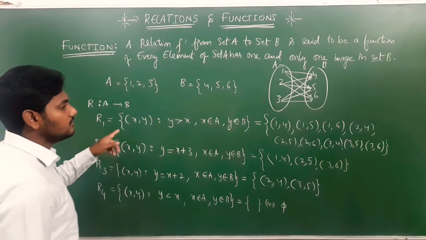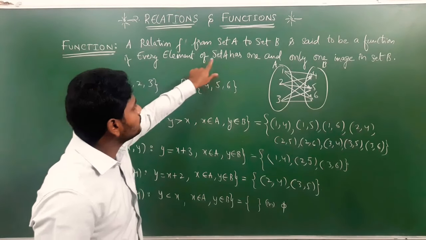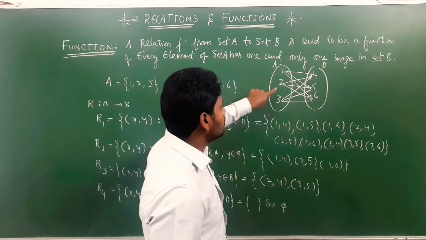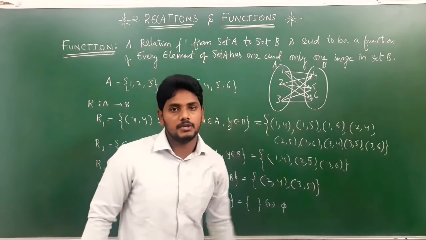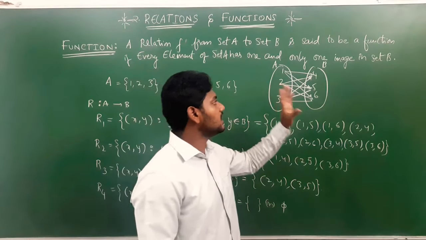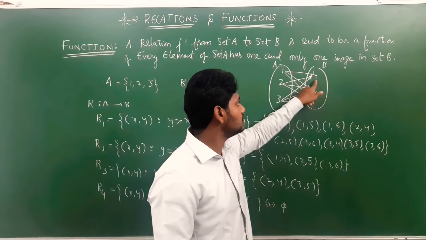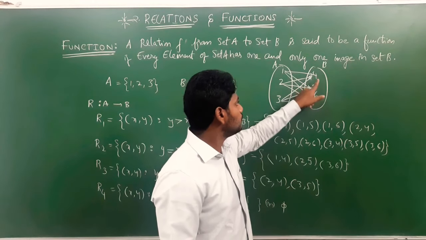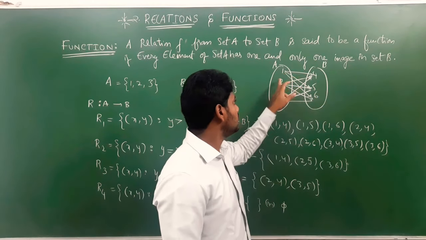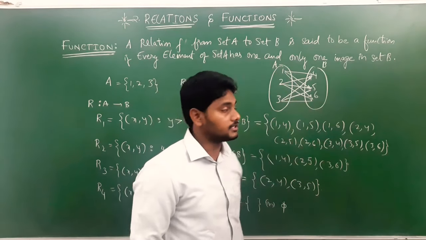Can we call that relation a function? Every element of set A should have one and only one image in set B. I already told you what images and pre-images are. The images which are linked to set A are images. So 4, 5, 6 are images of 1, 2, 3, and 1, 2, 3 are called pre-images of 4, 5, 6.